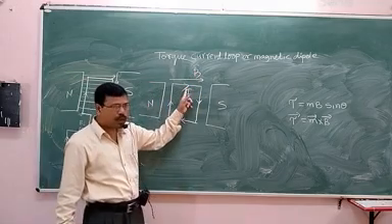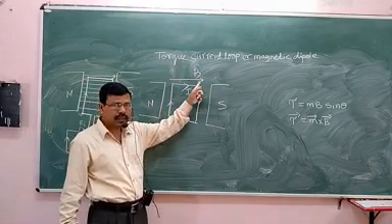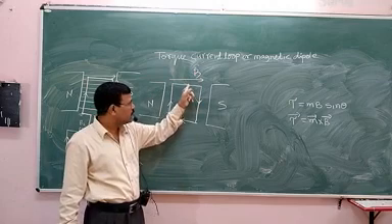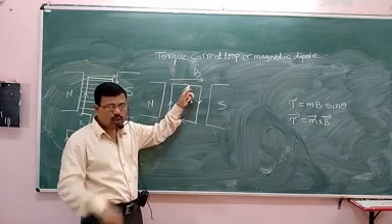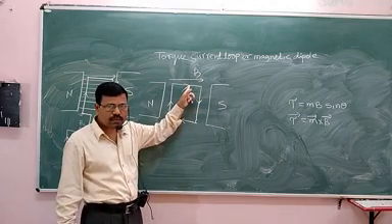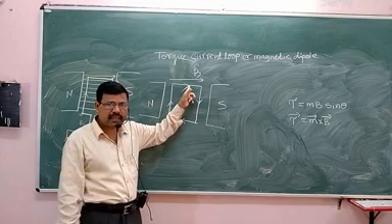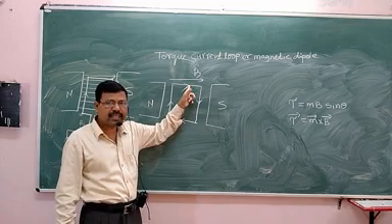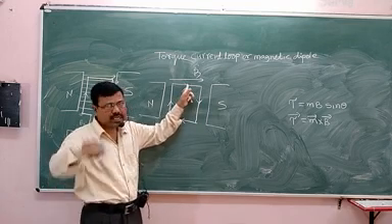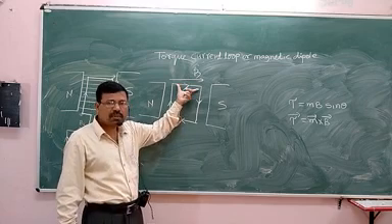If the direction of current and the magnetic field are in the same direction, this arm of the coil does not experience any force according to BIl sin theta. According to BIl sin theta, F is equal to BIl sin theta. Theta is 0 here, sin 0 is 0. So this arm does not experience any force.